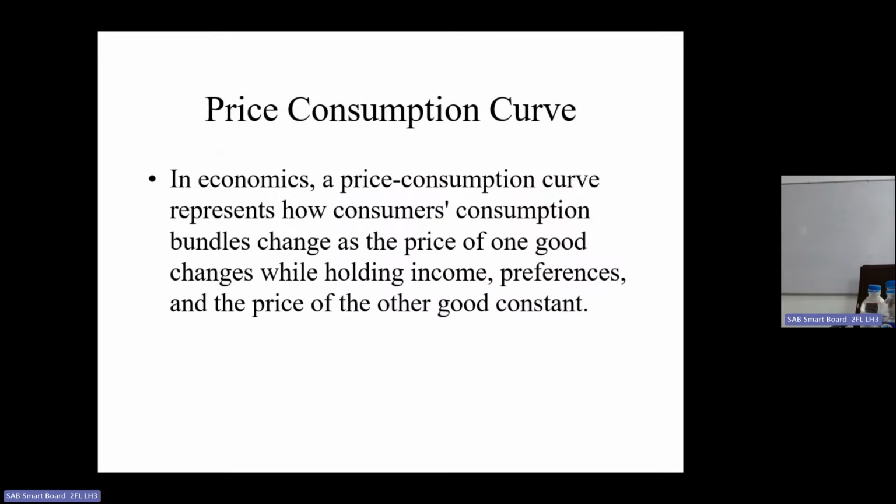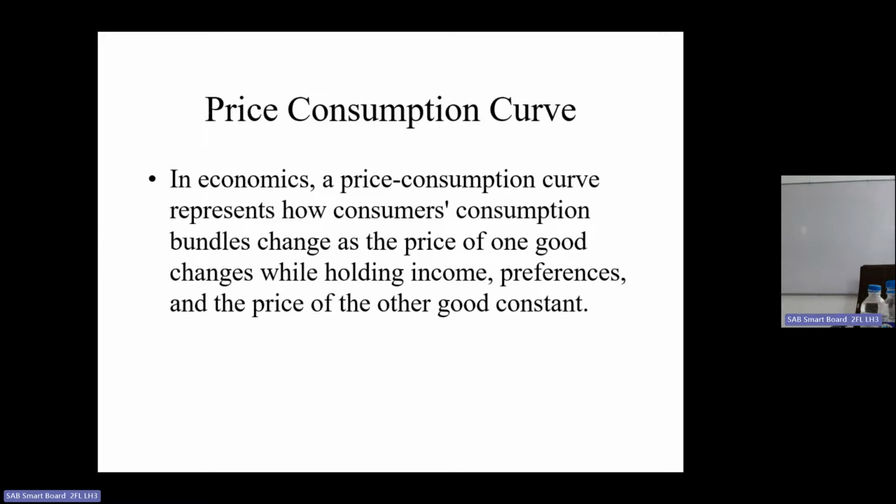Then we talk about the PCC, right? With respect to price change. So that's also very important, right? Price consumption curve, right? That is very important as we discussed earlier when we derived the demand curve, because the demand curve represents the relationship between the price and the demand, right?